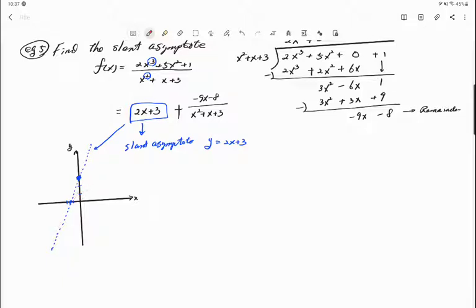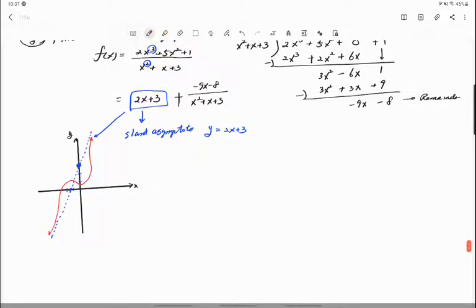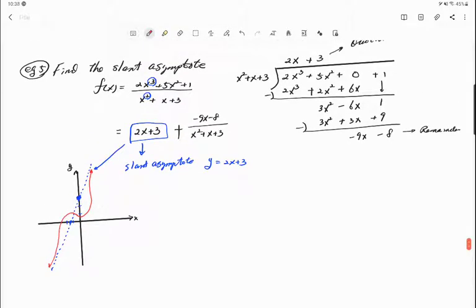So this is the asymptote, so it's going to go this way, and then somewhere it's changing like this, and then going like this, and the right end is approaching the slant asymptote, and the left end is approaching the slant asymptote like this. Okay, use the graphing calculator, then we know that the far right end and far left end of the graph is approaching what? The slant asymptote.